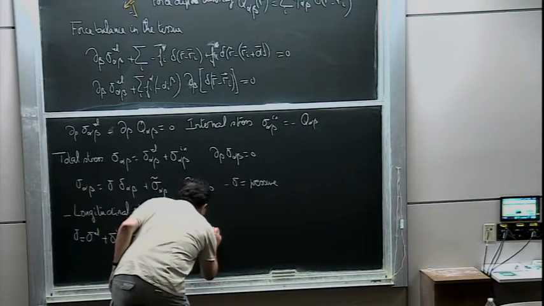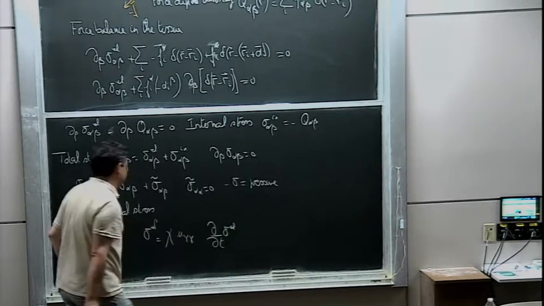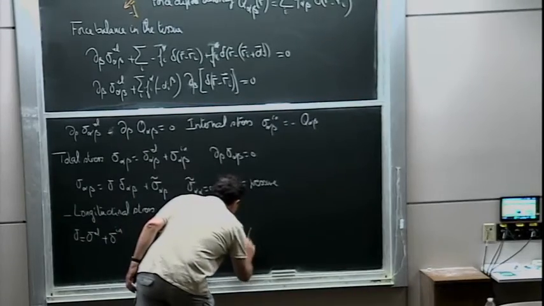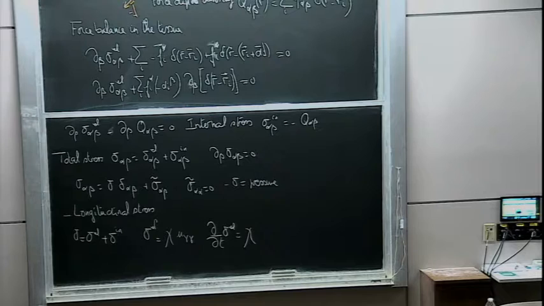So d sigma elastic dt is just a compressional modulus chi times the derivative of the deformation tensor. But the derivative of the deformation tensor is just the velocity gradient tensor, or the shear rate tensor.